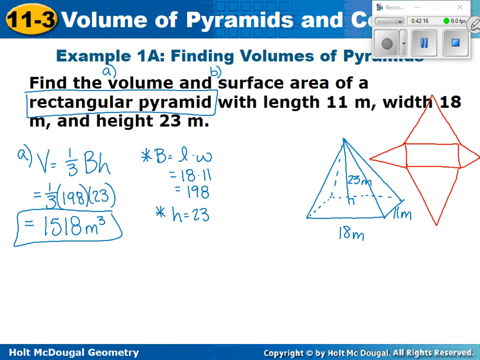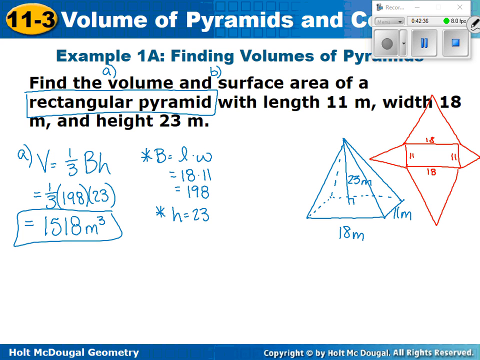So what's the dimension for this rectangle here? We'd have 18 and we would have 11, right? That means the base of these 2 triangles are going to be 18. The base of these 2 triangles are going to be 11. What are we going to have to find in order to find the area of those triangles? Slant height.